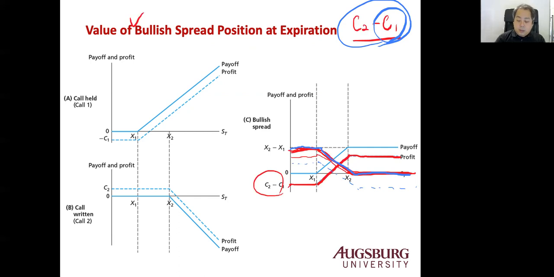That's the bearish spread. Bullish spread: you buy the call option for the lower exercise price, and you write a call option for the higher exercise price.